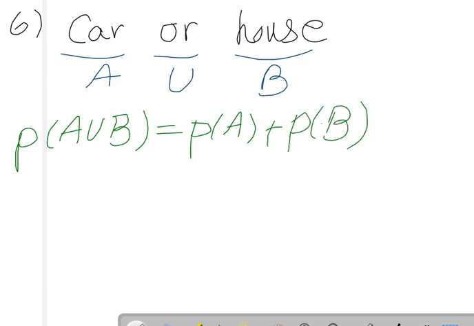You know that A and B are not disjoint because the probability of the intersection of A and B is not 0, it is 0.2.